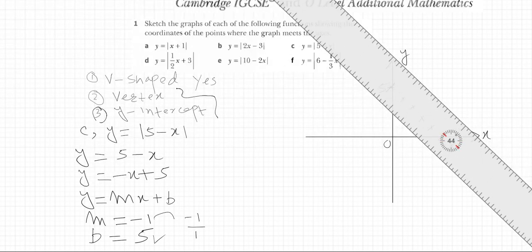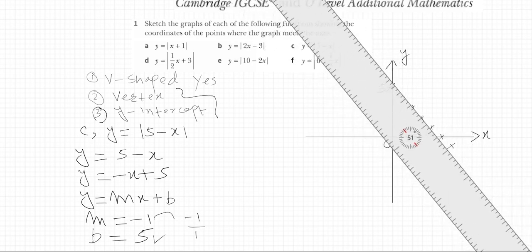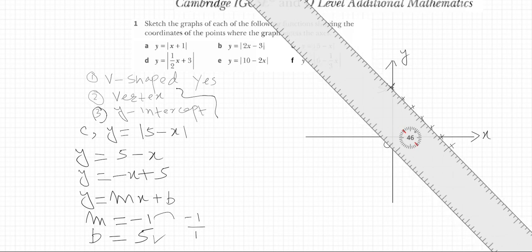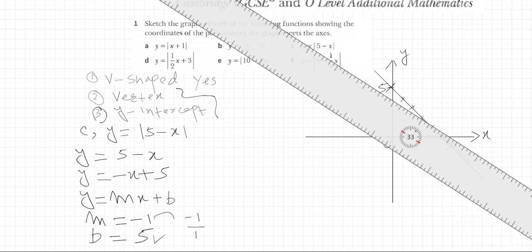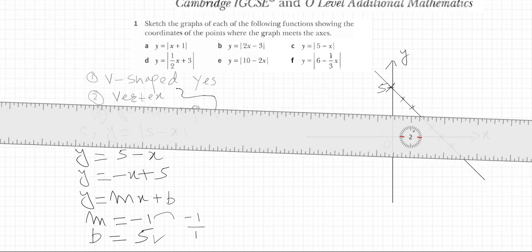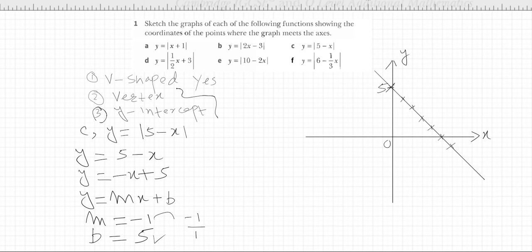So join all points with the help of a scale. So this is our straight line.